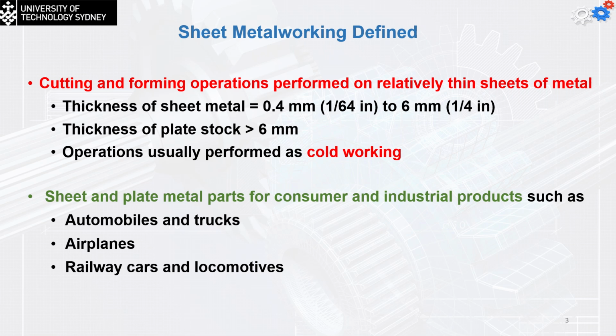The sheet and the plate metal parts for consumer and industrial products such as the automobile and trucks, the airplanes, the railway cars, and the locomotive, making the ducts, making the water tanks, all can be done by the sheet metal working operation.